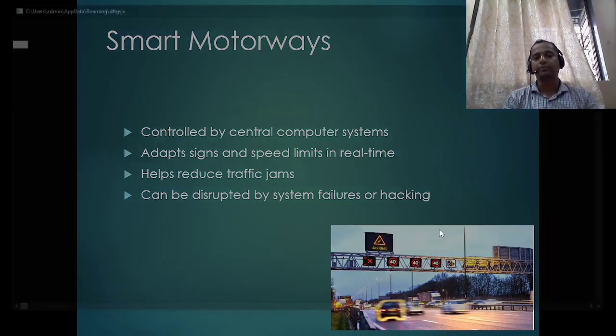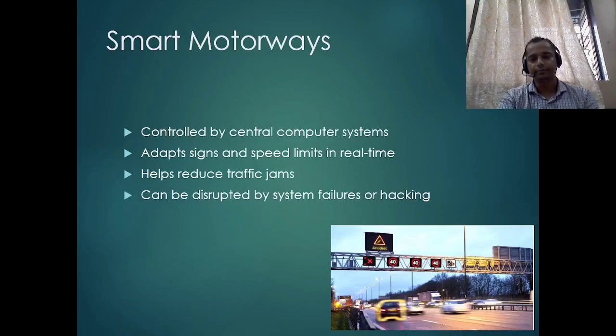So this X means you need to change the lane. If you are not following this instruction, the camera will identify it and take a picture, and using the technology that identifies the number plate, you will get a fine on your vehicle. Okay, so this is how it works.